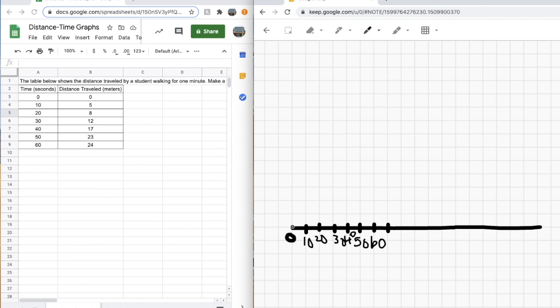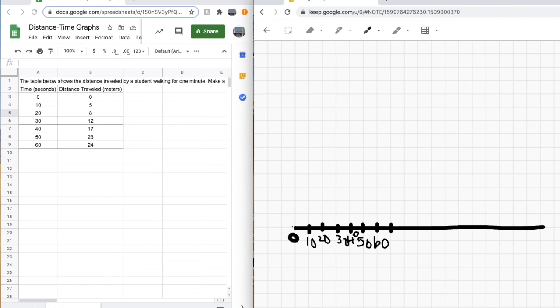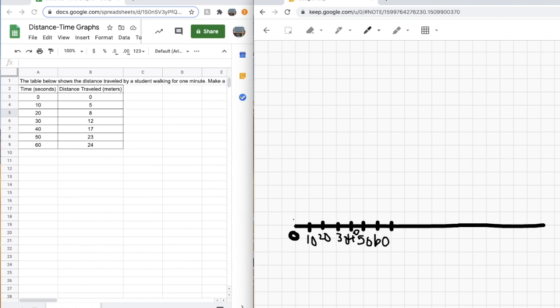Okay. And then up the side, we need it to get to 24. So what I'm going to do is probably, each box is going to be 2. So we're going to go from 0 to 24. So I need 1, 2, 3, 4, 5, 6, 7, 8, 9, 10, 11, 12. And I'm going to put an extra one just because I don't like my last data point to be at the edge of the graph.